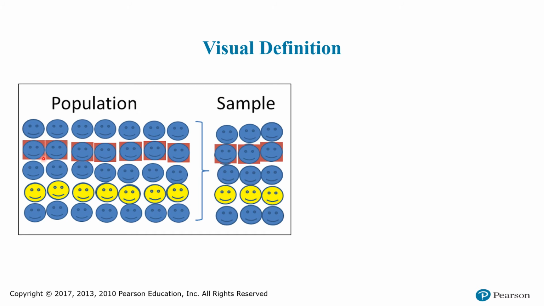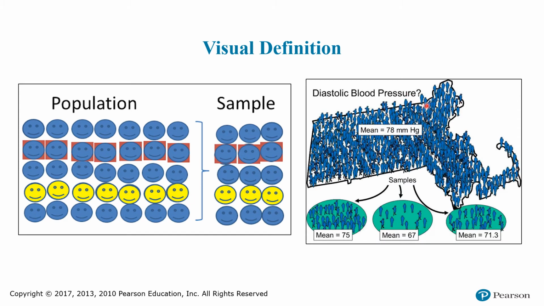Some visual definitions to help you, right? If we think of this as our population, we have blue smiley faces, smiley faces with red squares behind them, yellow smiley faces. We could pull a sample from this, which would have a little bit of each of these, okay? And again, if we think of the state of Massachusetts as our population, well, we can pull different samples from that population.